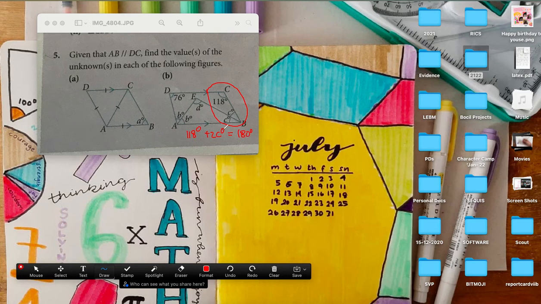They add up to make 180 degrees. So then 2C degrees equals 180 minus 118, and it will be 62 degrees, and that's 2C. So C degrees is gonna be 62 degrees divided by 2, it's 31. So we got the value of C degrees equals 31.